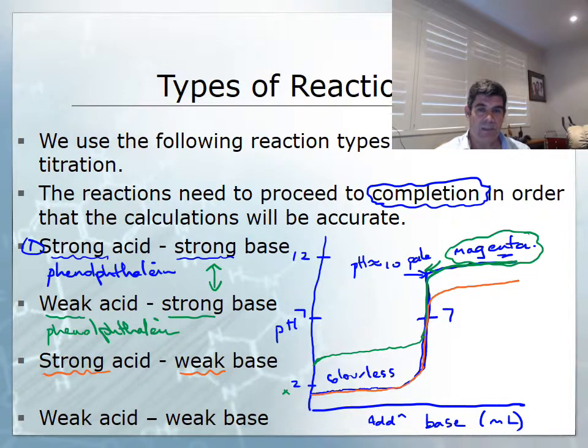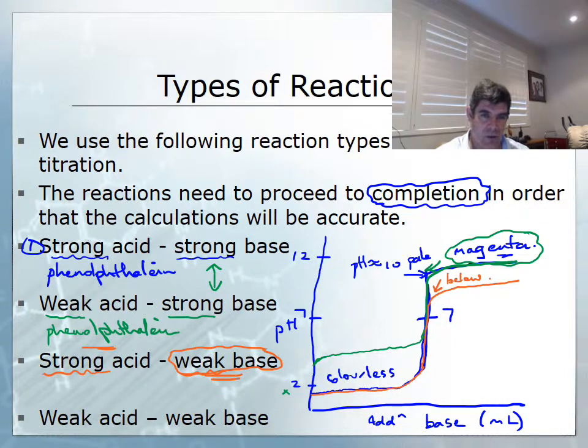The weak base is going to have a strong conjugate, and that's going to push the pH down a little bit, which means it's going to sneak out down here. It may not look like it here, but it's actually going to be below the point where phenolphthalein changes color. So phenolphthalein is now not a good choice for a weak base.